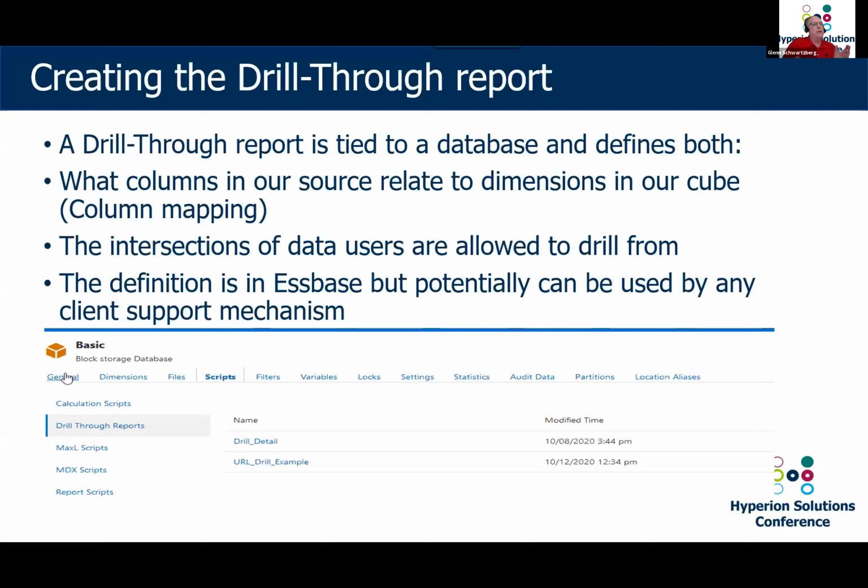So basically we're doing a column mapping to say this column in my source relates to this dimension in my database. The second thing that we're going to define is the intersection of data that users are allowed to drill through from.